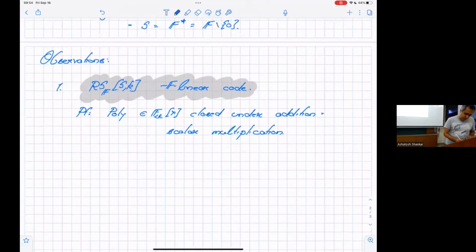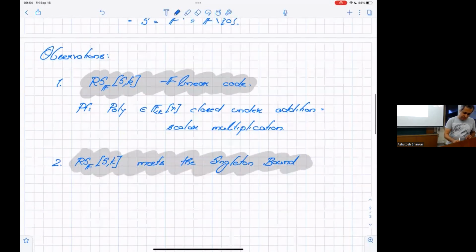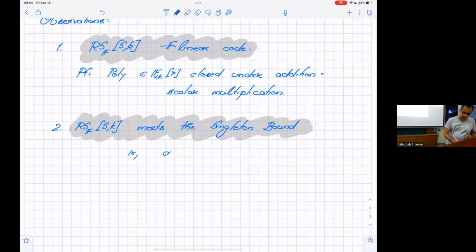The next property, which will answer this question as well as an even stronger property, is that RS(S,k) meets the Singleton bound.